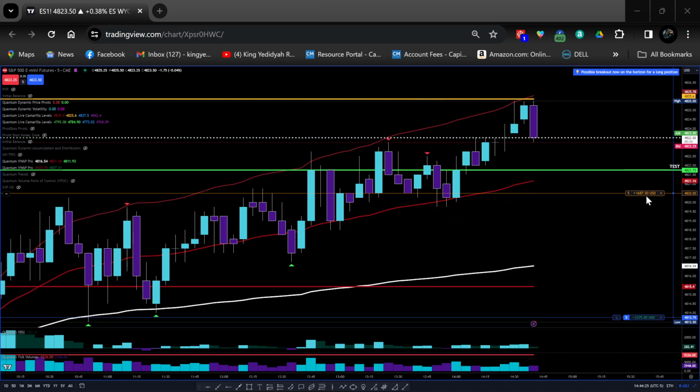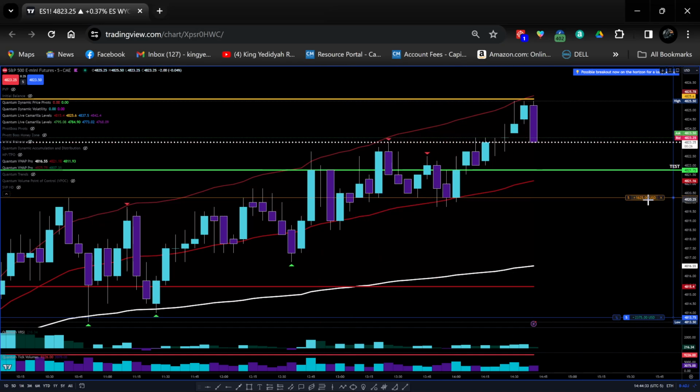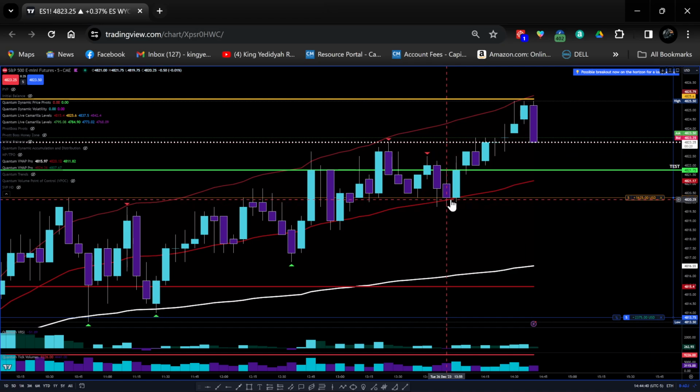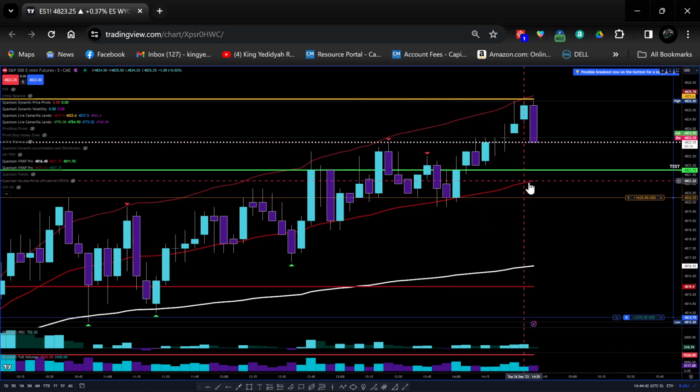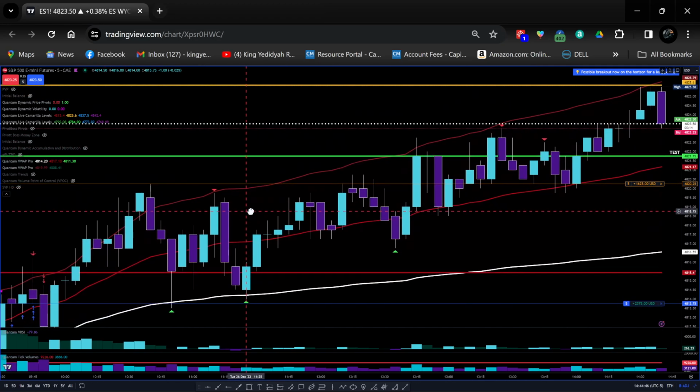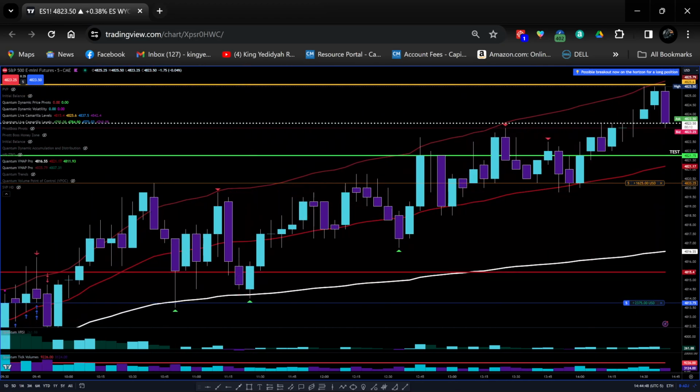So let's see. Let's say I place my stop here at 48.20.25, right? So it's below the structure and it's below this upper deviation. Now we're getting the reversal pattern here again, just like here.